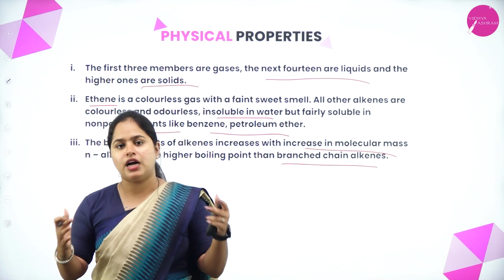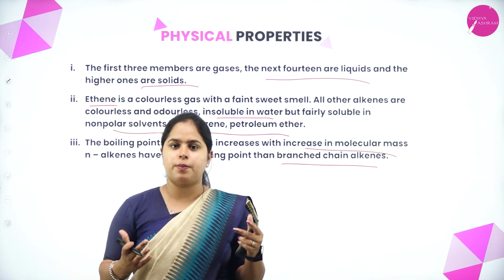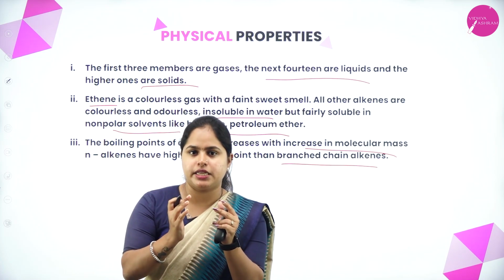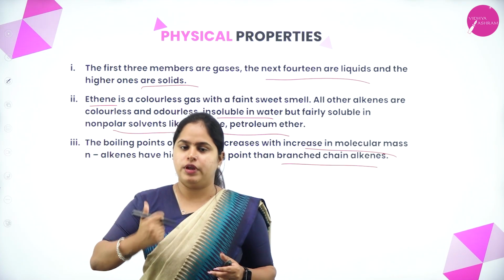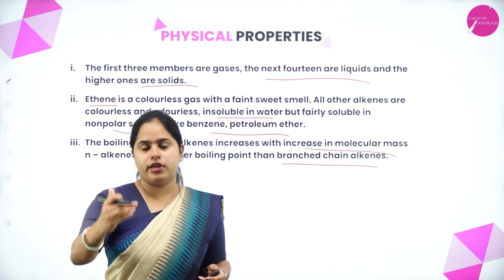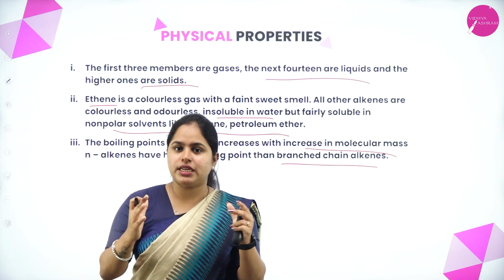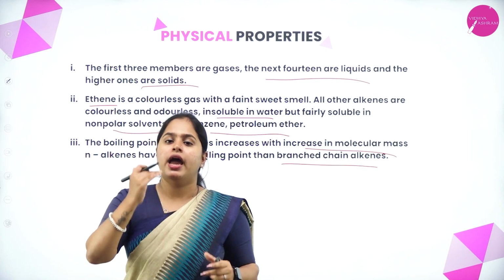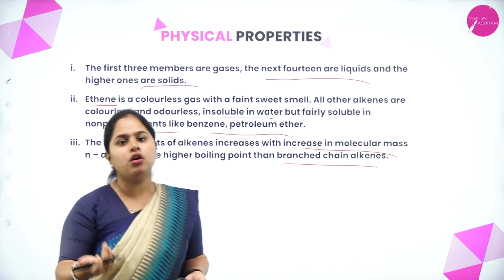But in the case of branching, when the branches increase, what happens? The surface area decreases and it becomes easy to vaporize it. Hence, when molecular mass increases, the boiling point increases, and when the branches increase, the surface area decreases, hence the boiling point also decreases.